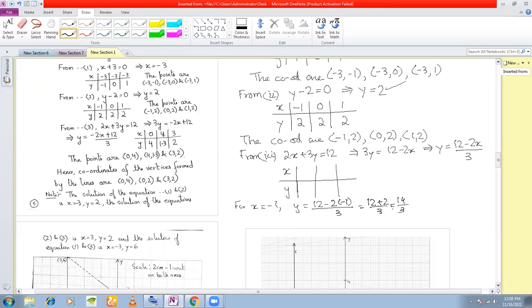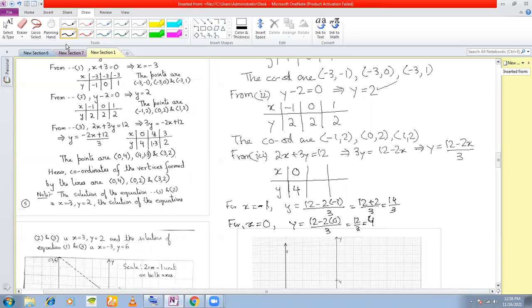So let's avoid this value. If later we don't have any other option, then we'll take this value. Now let's proceed with the next value. For x is equal to 0, (12 minus 2 into 0) divided by 3. We get 12 by 3, which is equal to 4. So with this we are getting a convenient value. So for x is equal to 0, the value of y is 4. So we take this value, no problem.